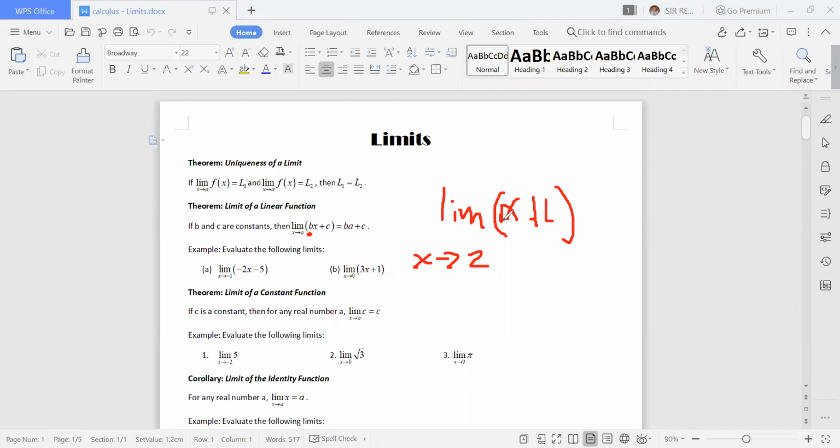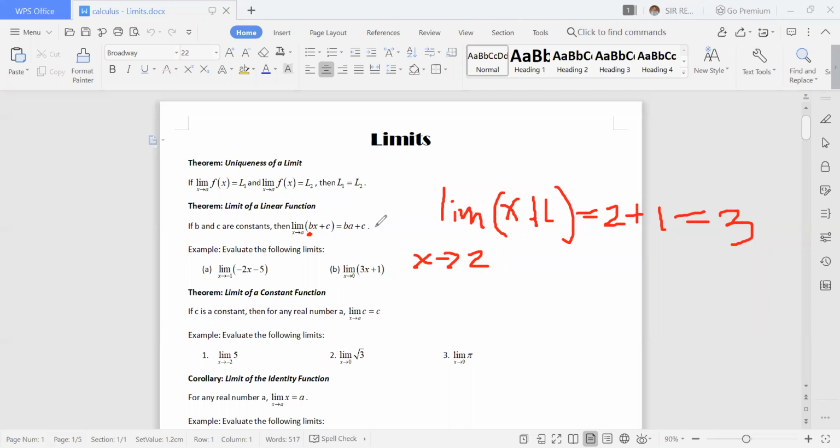Understood that there is a 1 here, right? Your c is also 1 because of this 1. So what you're going to do is just substitute this fixed point a here for x, so it will be 2 plus 1. As you observe, the answer is 3. The same as before, right? Yes, sir. So the answers are the same.